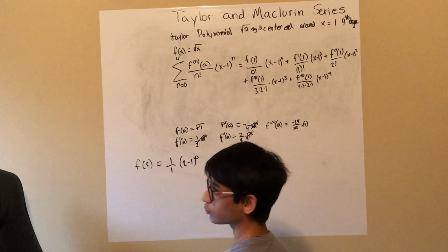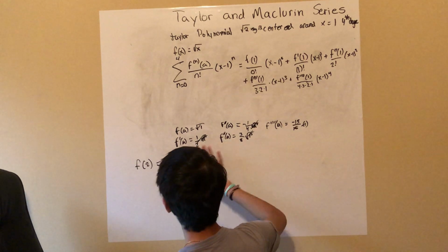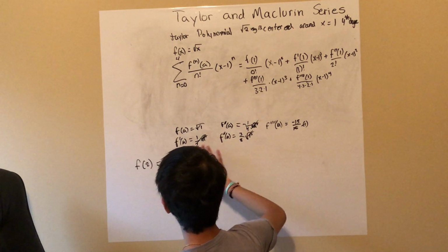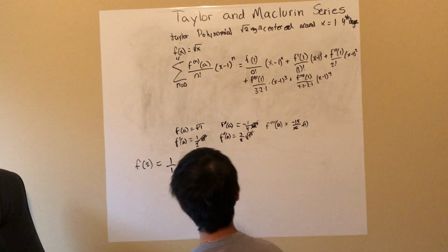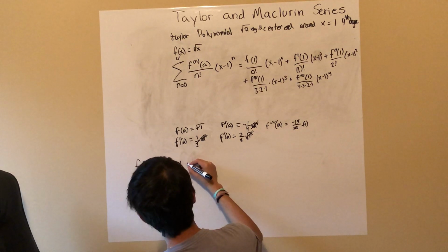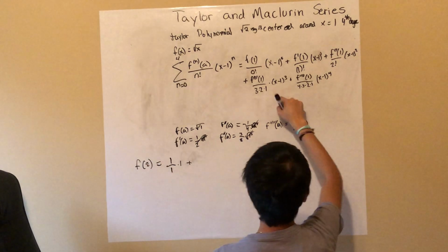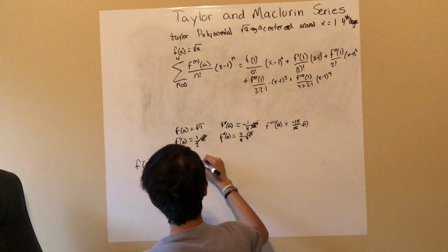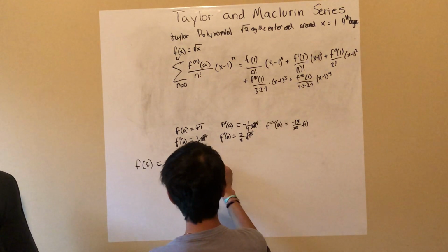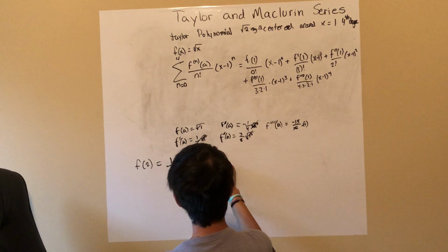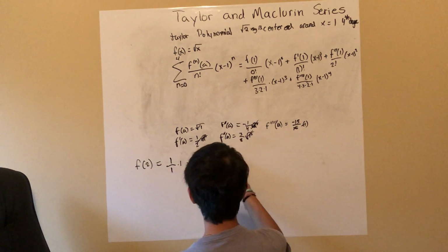Okay, so 2 minus 1 is equal to 1. I don't think that anybody needs me to do that much plugging in. So times 1. Plus f prime of 1, 1 over 2 times 1 divided by 1 factorial, which is equal to 1.